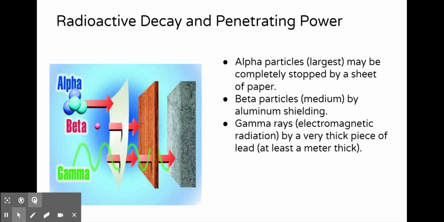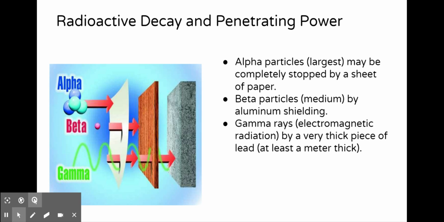An alpha particle and a beta particle are larger and have mass. Alpha particles are the largest, so they're stopped by paper or your clothing, or your skin. They cannot get into your body because they are so large.